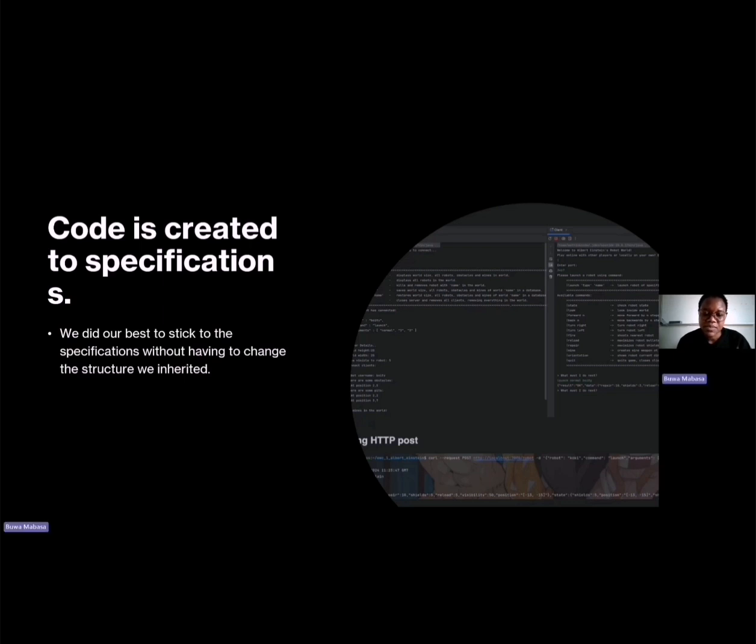Is code created according to specifications? Yes, our code is created according to the specifications outlined in our curriculum. Though it was a challenge given the code base that we had to work on, at some point we were really tempted to change the code base, because it was not easy to implement the project based on the specifications on that code base.